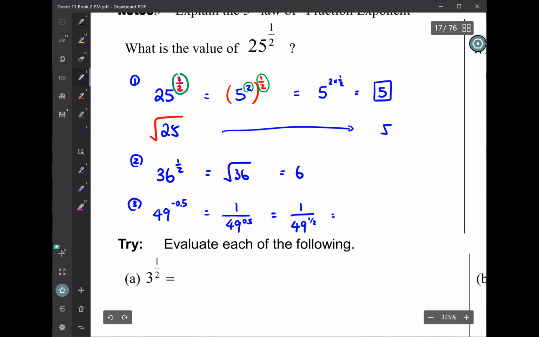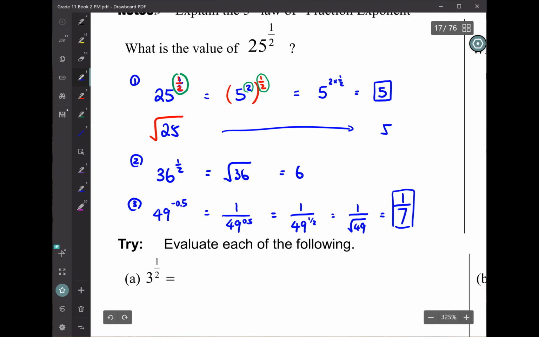The half represents square root, so your final answer should be what, Marcus? 7? Did you forget something? 1 over 7. Yeah, 1 over 7. The 7 is in the denominator, just like the 49 is in the denominator.